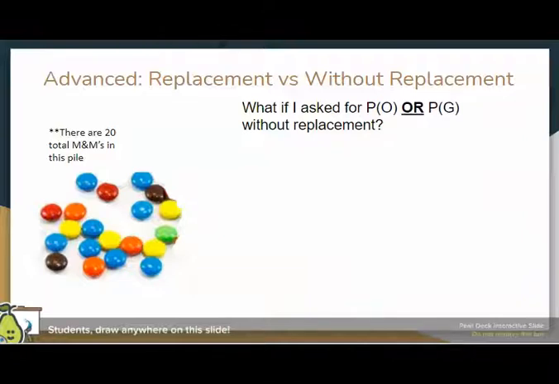Okay, last slide. So we're doing without replacement, and we are doing OR probability. So it's the probability of picking an orange M&M and not replacing it, and then picking a green one out of the same pile. Okay, here's my pile. There's 3 orange M&Ms out of 20 total.